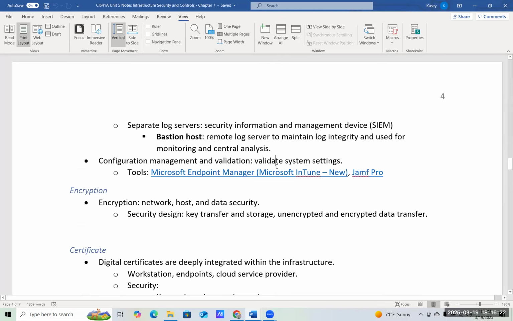So when we have a separate log system or servers, we can then manage it, but you still have to use that for the analysis. And here it talks about using a Bastion host, which is a remote log server to maintain log integrity.